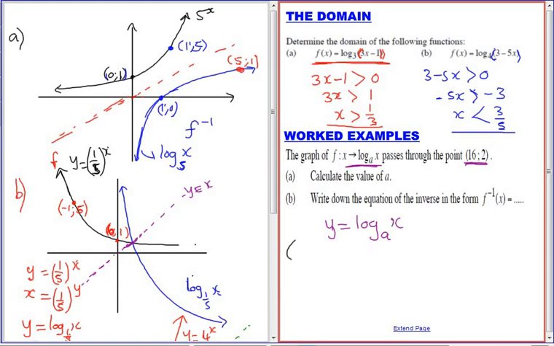All we really need is one coordinate. If we have one unknown, we need one coordinate, so we can substitute it. In place of y, you're going to put 2. And in place of x, you can simply put 16. So let's put a here and put 16 here.